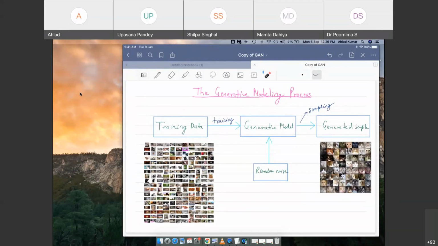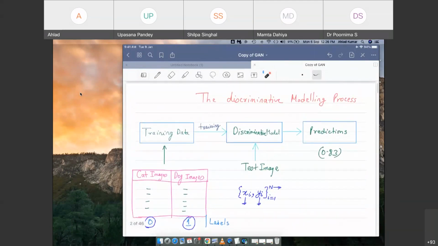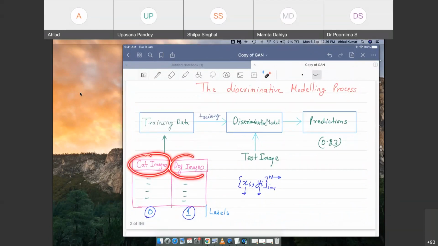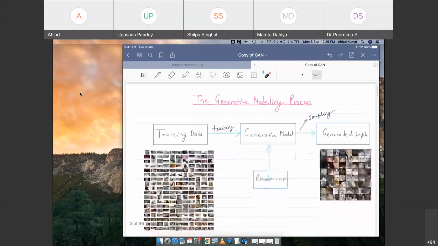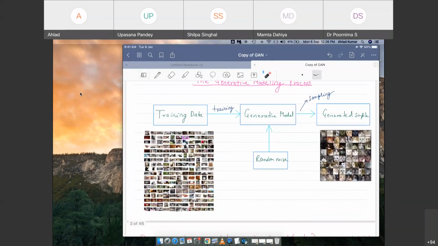In the case of the discriminative model, we had cat images and dog images. But in the case of the generative model, in the training data we have only cat images, there are no dog images. Why is that? Because here we are solving a problem of generation.